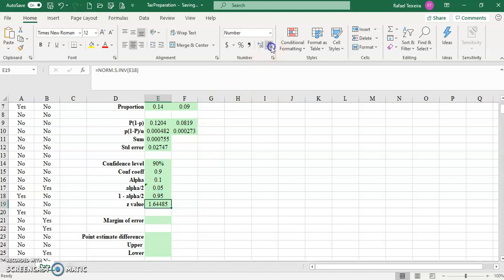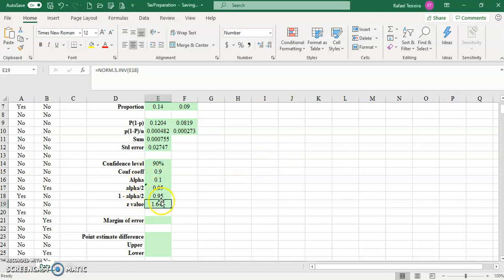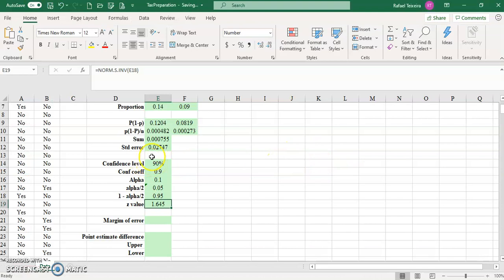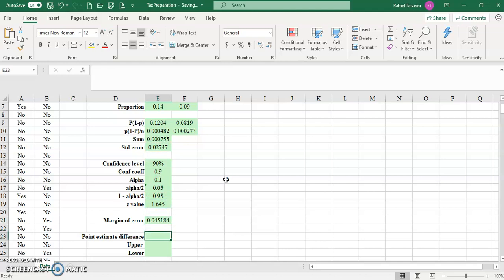That gives 1.644. If I reduce the decimal places, 1.645, which is the same number we have here. So this is the z-score. I have the standard error here. Now if I multiply them, I get my margin of error. So this number multiplied by this number is my margin of error.